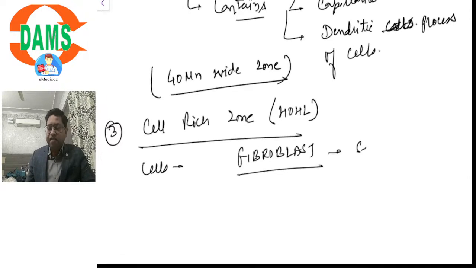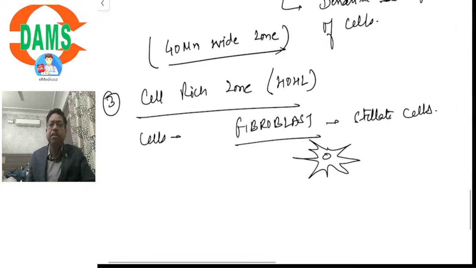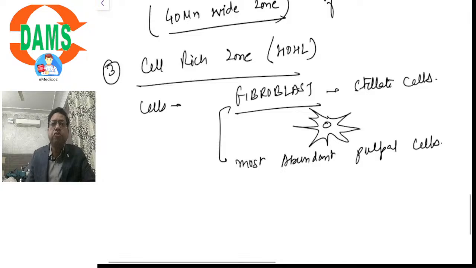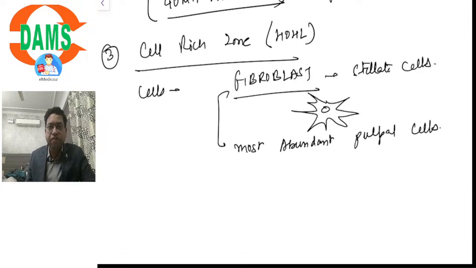They are stellate cells with projections. We would say star-like cells are present, fibroblasts. They are the most abundant pulpal cells. And as the name indicates, fibroblasts secrete collagen.